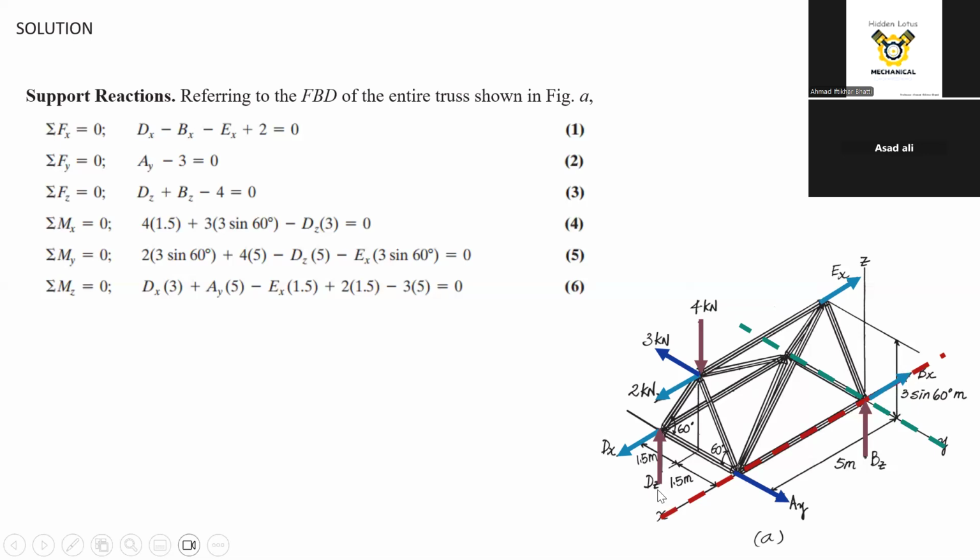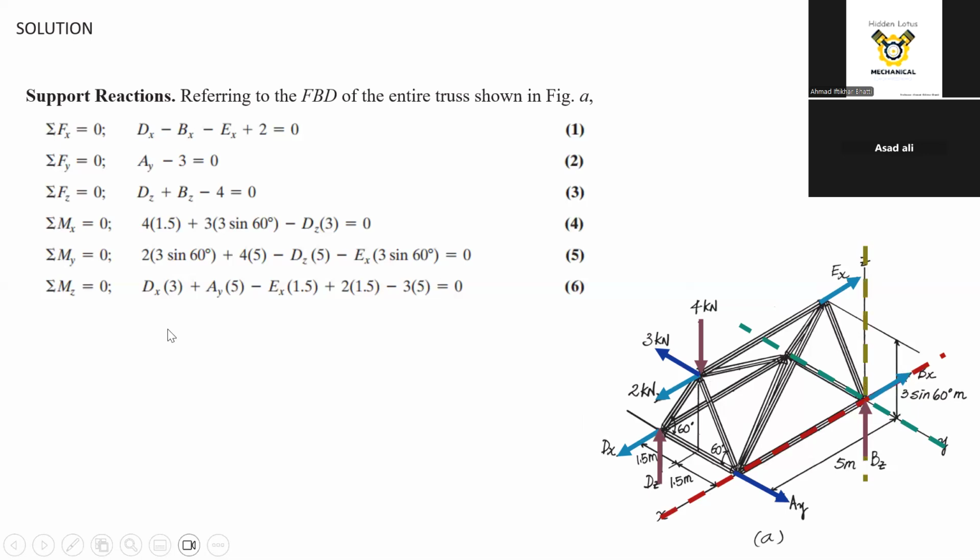And we have the axial force at link D, which has also a perpendicular distance of 5 meters, and it is acting in the clockwise direction. While we have another force, the horizontal force at link E, and it has also a perpendicular distance of 3 sine 60 degrees. And you see it is also moving in the clockwise direction.